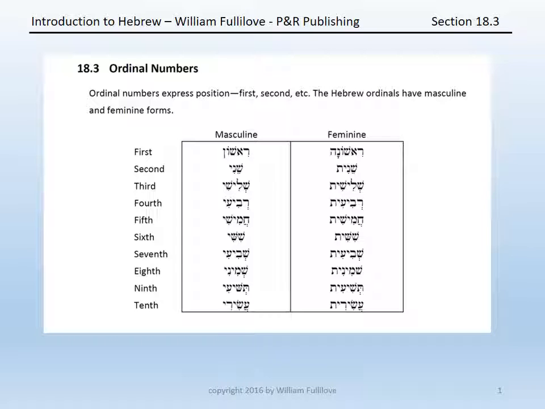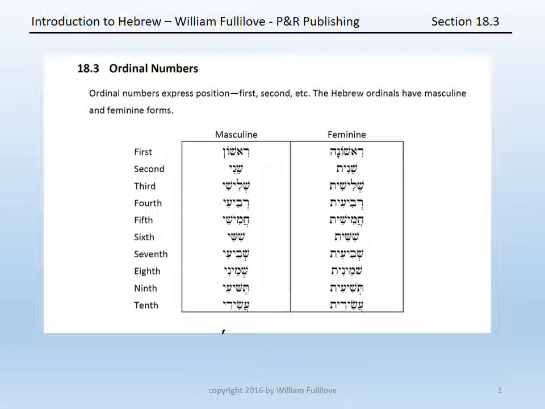The feminine forms are Rishonah, Shanit, Shalishit, Ravi'it, Chamishit, Shishit, Shavi'it, Sheminit, Tushi'it, and Asirit.